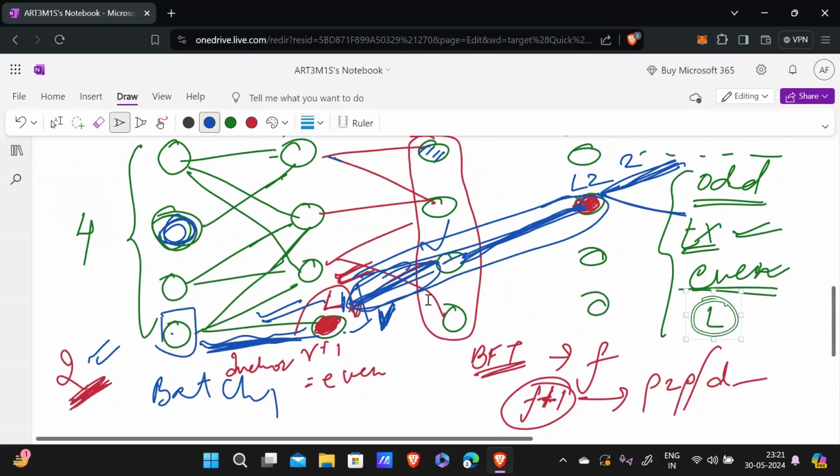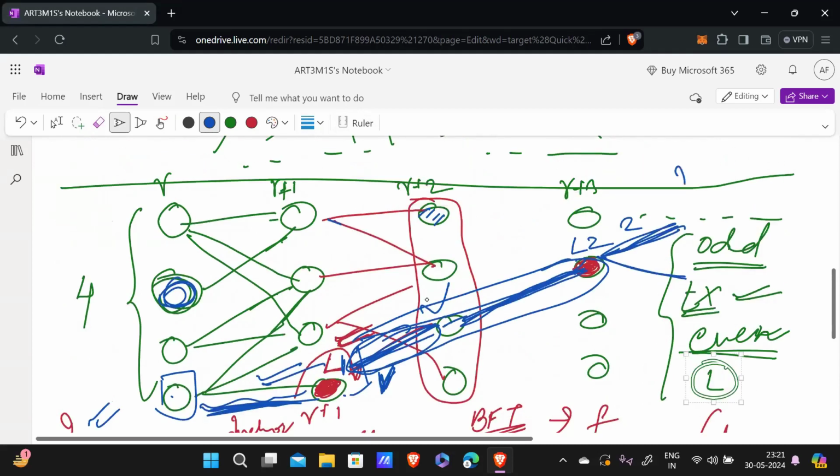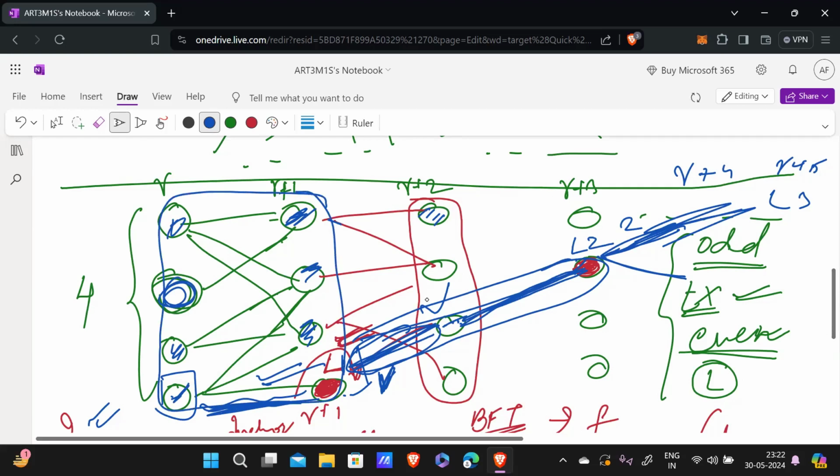And after, suppose, R plus 4 and R plus 5 rounds, when there is another L3 and this is connected with L2, all these transactions will be included because I can trace back these nodes with this node here.